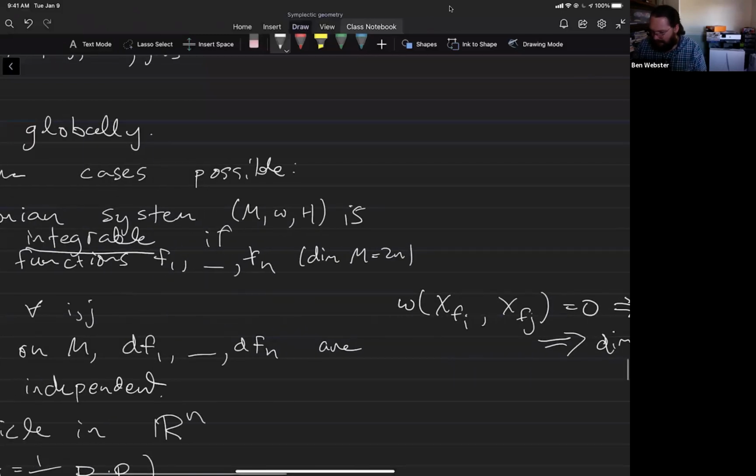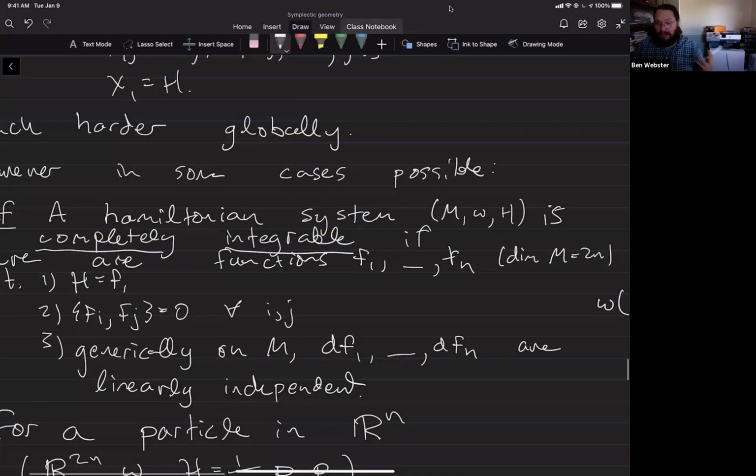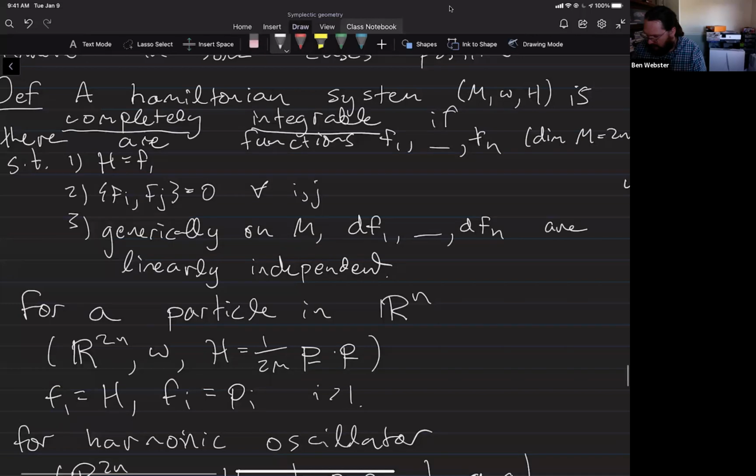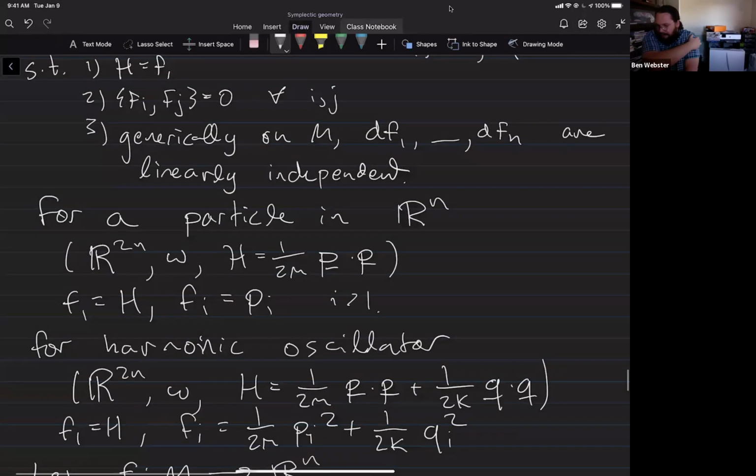All right, so I can't have more than n of these that are linearly independent, because then I would have an isotropic subspace that was too big. n is the most I can have. So for example, if I have a free particle in R^n, yes, this is a somewhat silly example, but fair enough. My Hamiltonian is the square of the length of the momentum divided by 2m.